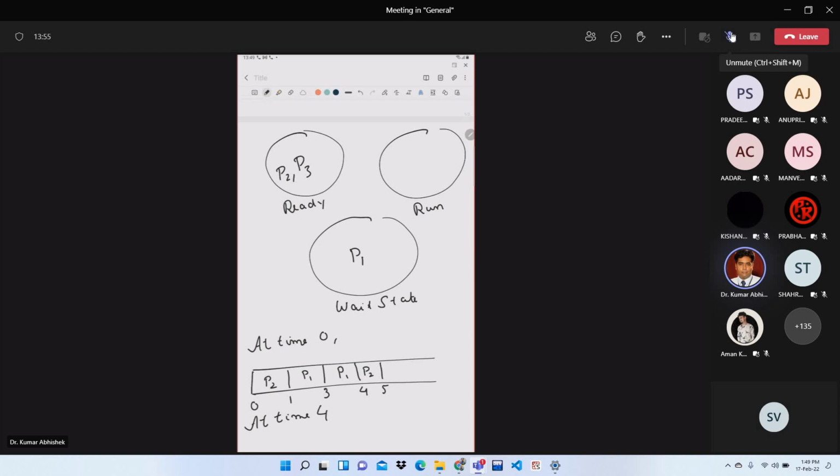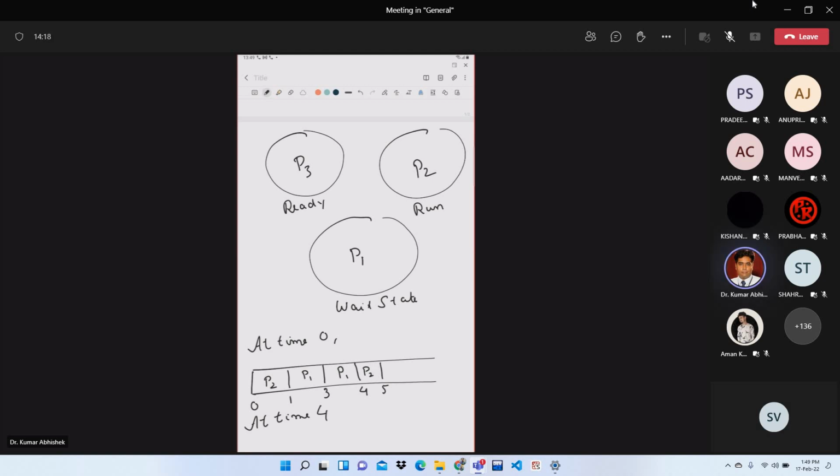From time 4 to 5, P2 is in run state. This figure is talking about time 4 to 5.